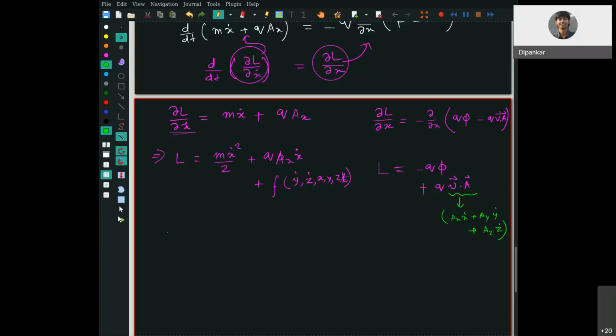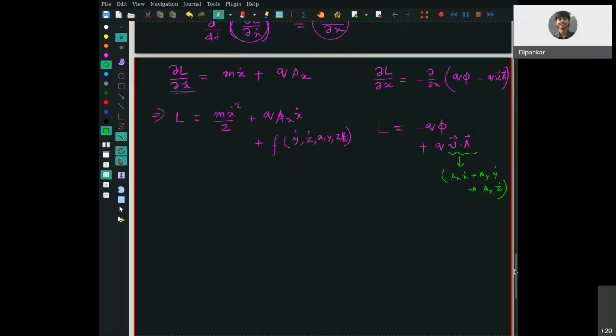Again, you can do the same for the y component and the z component. You just break it down and you will get similar expressions. Then you try to figure out the minimal combination of L that satisfies all these things.